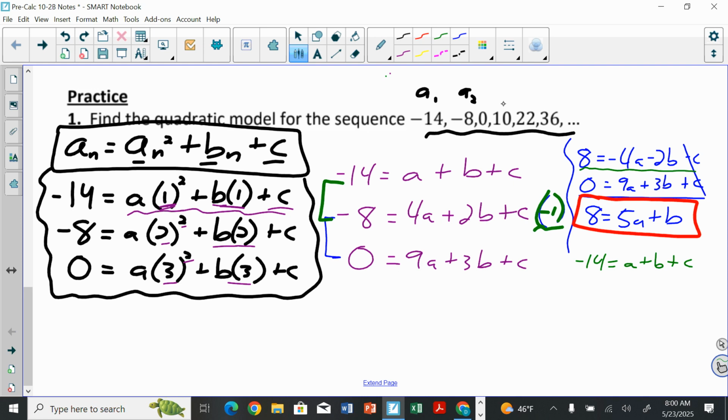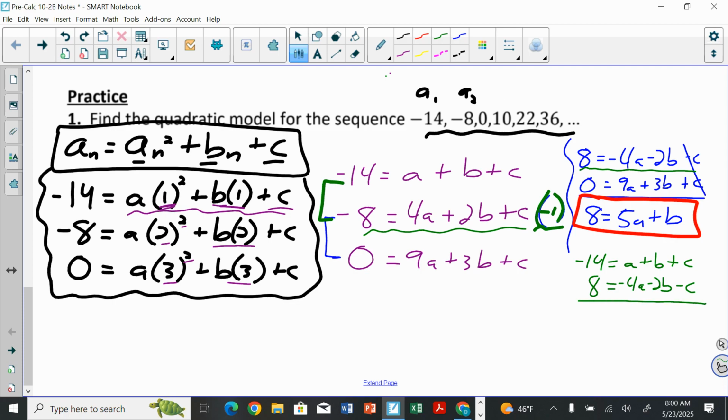I've already done that work, so I might as well not make it harder on me. So 8 equals -4a minus 2b minus c. Again, all I did was multiply the second equation by -1.